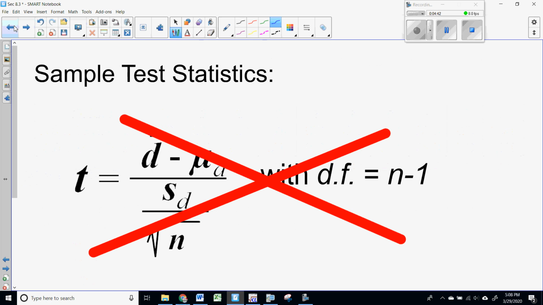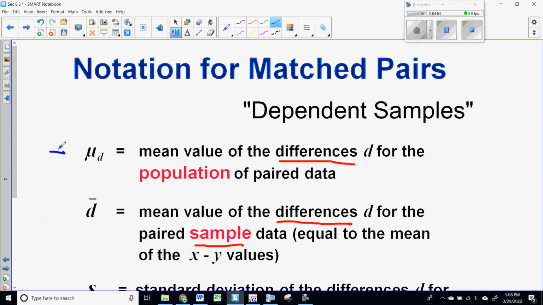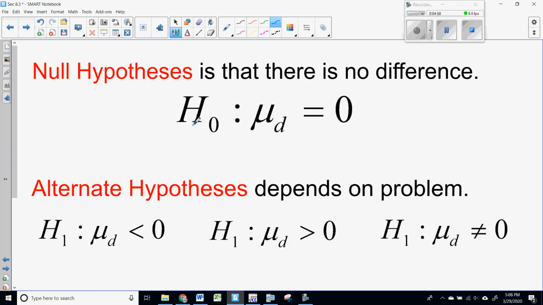So let's go back. And here is going to be our null and our alternate hypothesis. We're always going to look at this mu sub d, which remember is the difference of our population means. And we're always going to say there is no difference. They're the same. There's nothing different between them. And so we're always going to have our H sub 0 as mu d equals 0. Always.